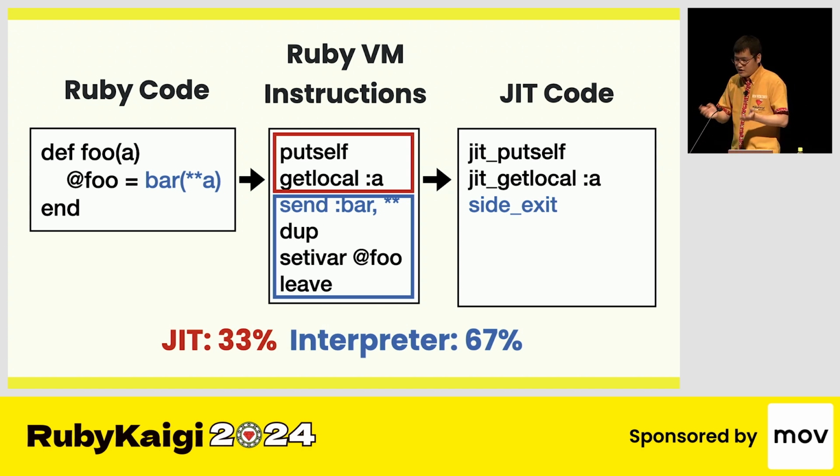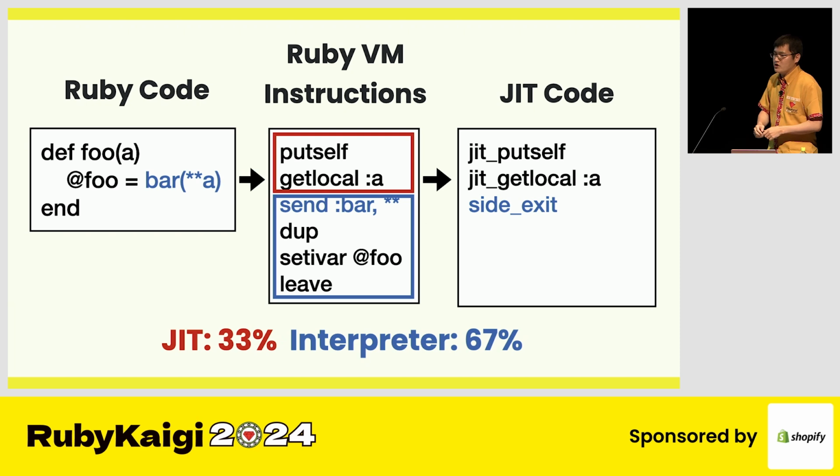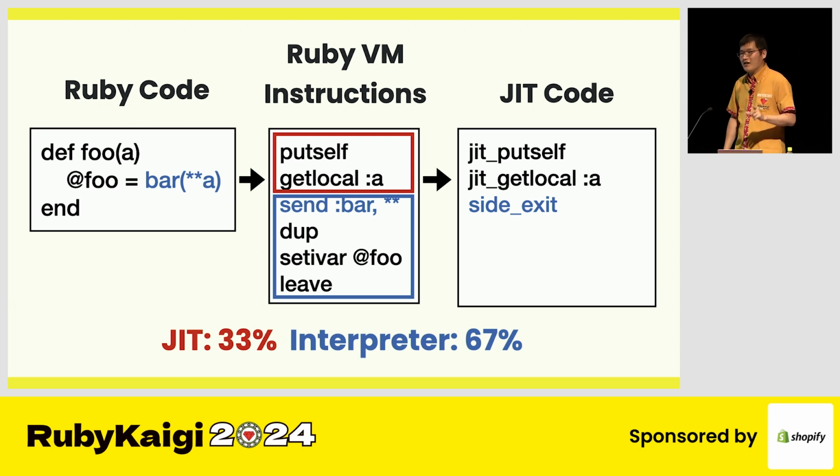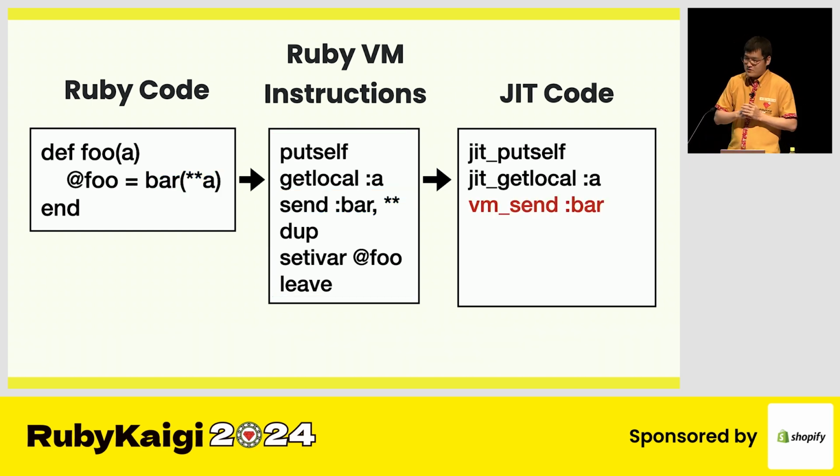However, what I did was take the idea of MJIT. MJIT is the JIT compiler that was merged in Ruby 2.6, and I removed it in 3.3, which used the C function called vm_sendish. The send instruction has its own interpreted implementation, which is implemented in C code.